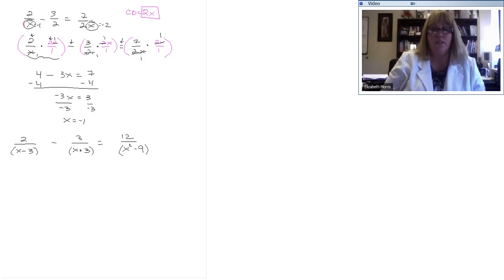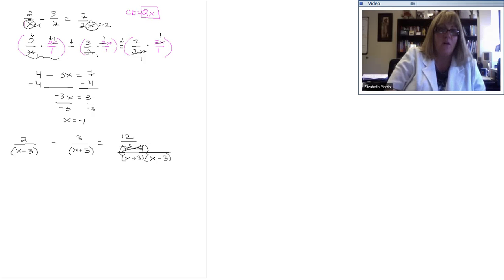What I want you to realize is this is an x minus 3, this is an x plus 3, and this can be factored into x plus 3, x minus 3, because it's the difference of two squares. So now, can you see that our common denominator is going to be x plus 3, x minus 3?